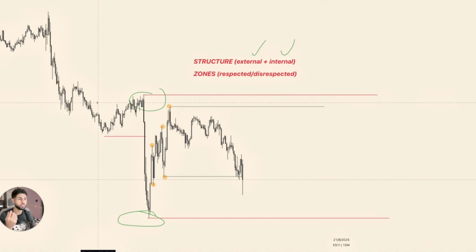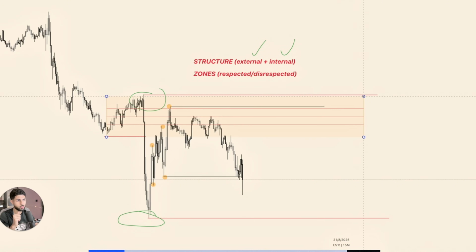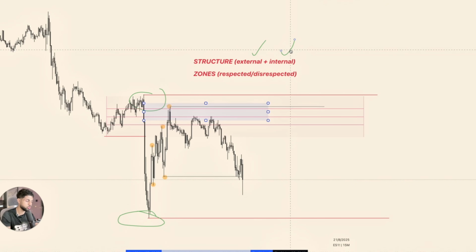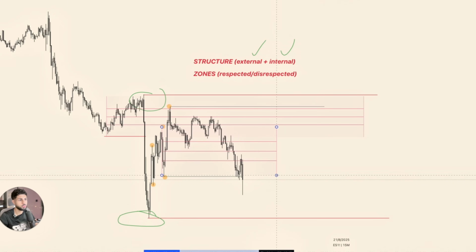If I look at zones, our last external zone was here, right? This break of structure. And I can see we are respecting this zone and we are respecting this bearish fair value gap, giving me more reason to believe that we should look for shorts. We can also see we broke this last bullish zone, right?